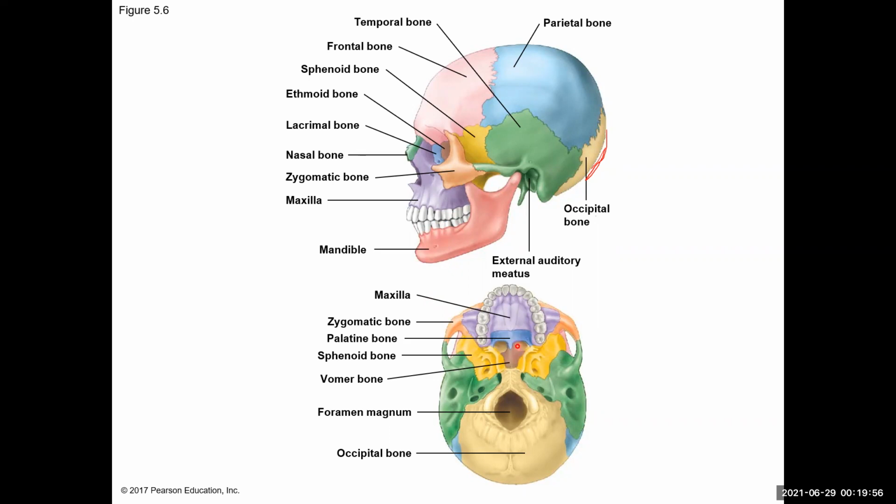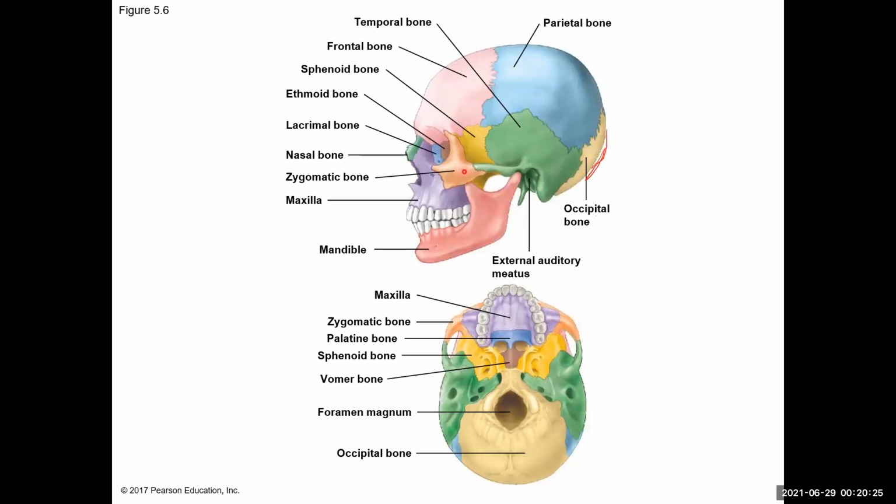Now, inside the sinus cavity, if you go in through this nasal area, down through this opening, you would see the vomer bone, which is also articulated with the sphenoid bone. So you have occipital, parietal, frontal, temporal, sphenoid, zygomatic.